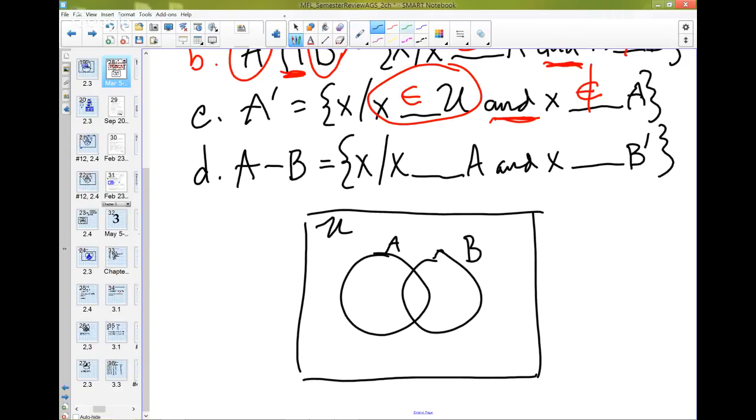Isn't it right in here? Isn't that A? So you start with the A circle being filled up and then you remove the B. Isn't that what would be left? Okay. You guys don't sound real convinced.